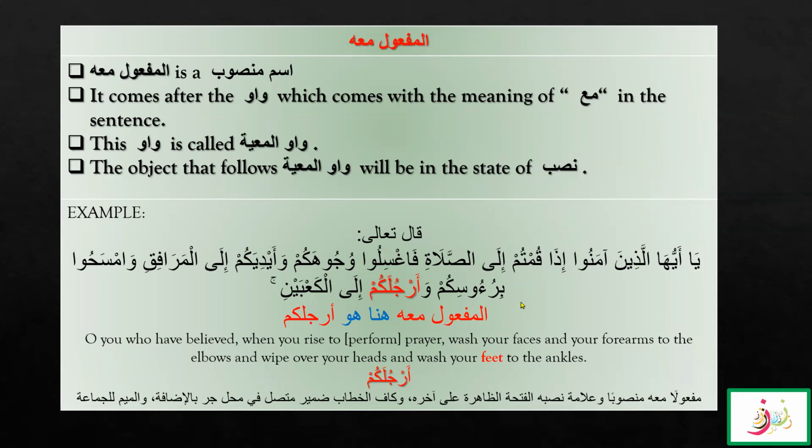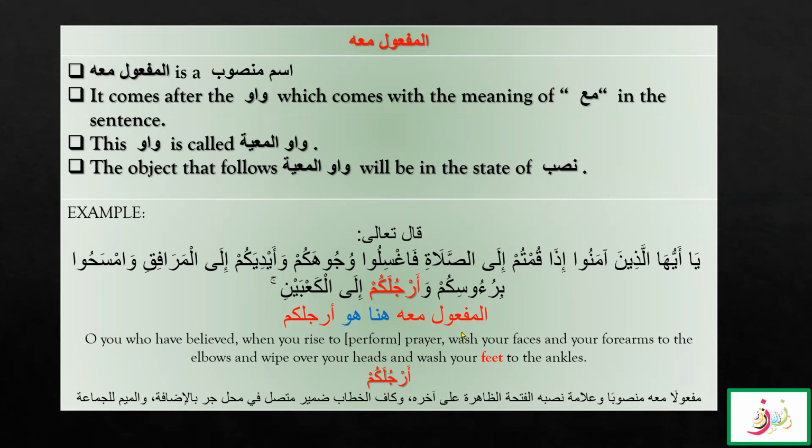which is in the state of jar, and anything attached with the waw should follow the state of the preceding word. They are not matching, as this is in the state of jar and this is in the state of nasb.